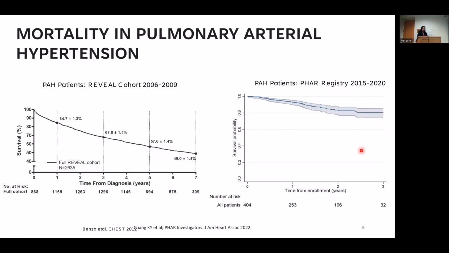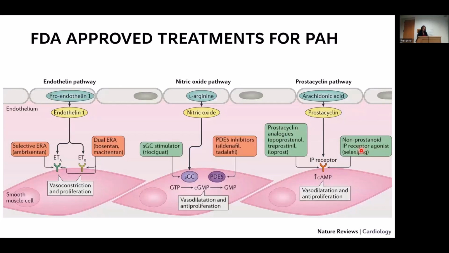So we've made some progress, and that's mainly due to a lot of FDA-approved treatments for pulmonary arterial hypertension, targeting different pathways, such as the endothelin pathway with ambrisentan, which is an endothelin receptor antagonist, other endothelin receptor antagonists like bosentan and macitentan, the nitric oxide pathway, which is targeting the PDE5 inhibitor pathway, sildenafil, or direct guanylyl cyclase stimulators like riociguat, and then the prostacyclin pathway, which has been around for the longest, with IV prostacyclin therapy available for several decades now.